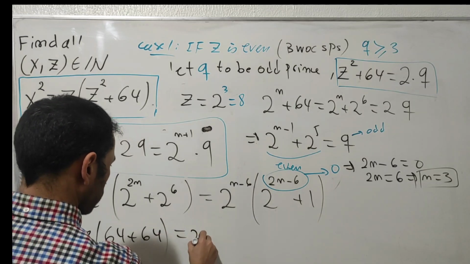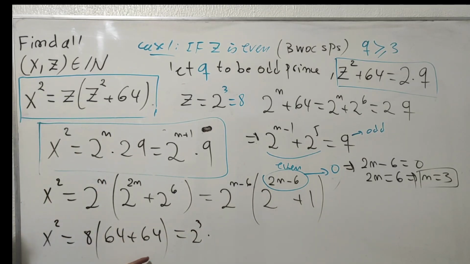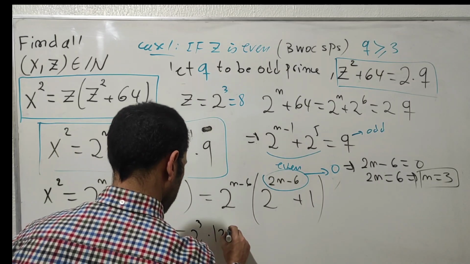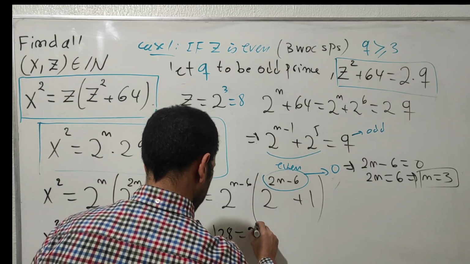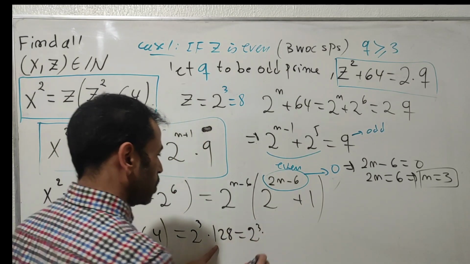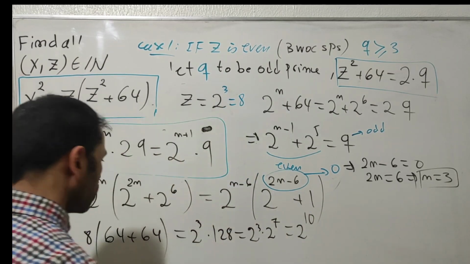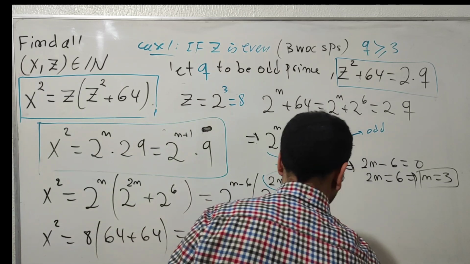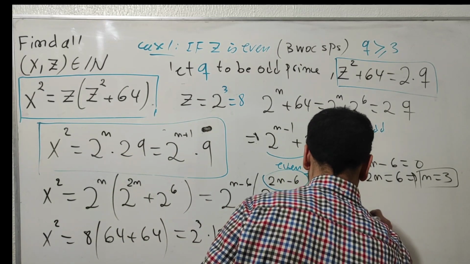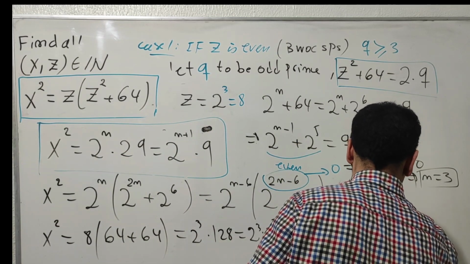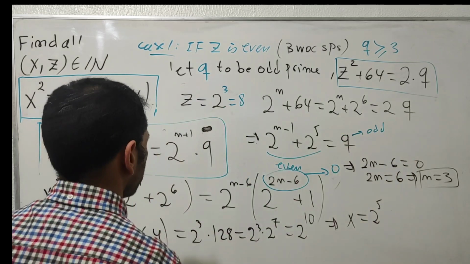We know 64 plus 64 is 128. We know 128 is the same as 2 to the 7, which equals 2 to the 10. Taking the square root of this one, immediately it's going to give us x equals 2 to the 5. So we found this solution.